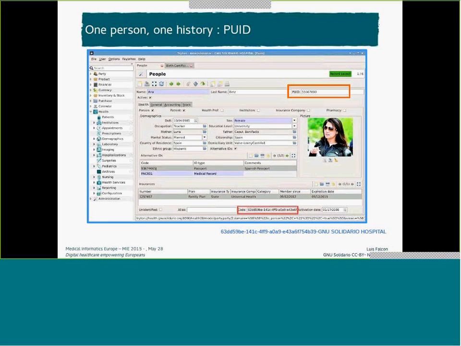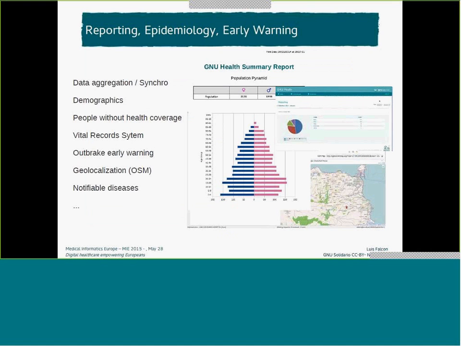I'm still dealing with reporting, epidemiology and early warning systems. In the case of Jamaica, you have national systems. Those are the ones that run on each health center, and then you're going to have a big database at the Ministry of Health that deals with all this information. Here, for example, we're seeing the population pyramid.